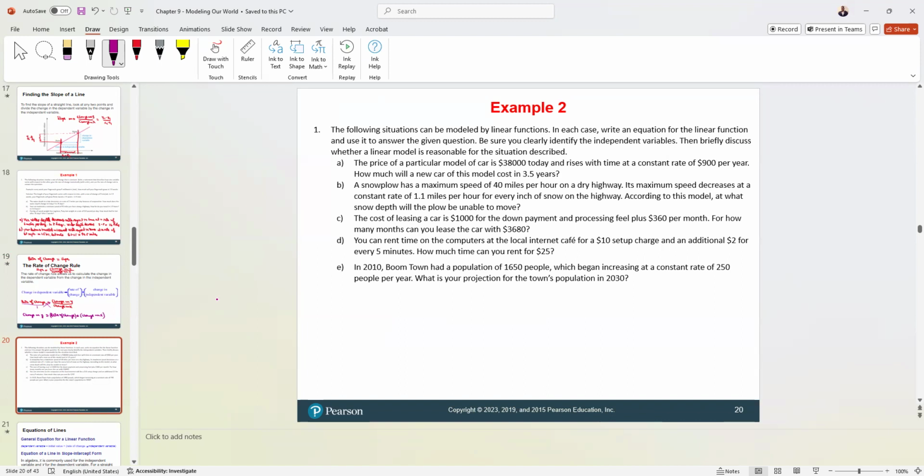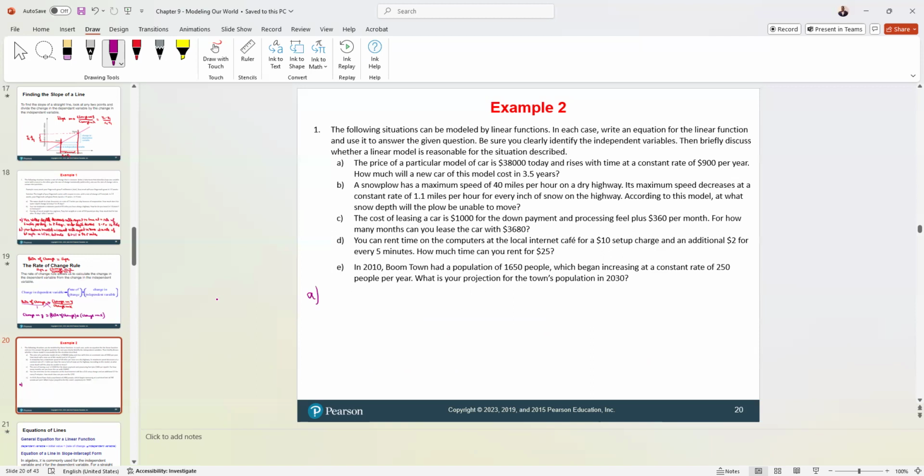Be sure to clearly identify the independent variable and briefly discuss whether a linear model is reasonable for the situation. Usually I do one or two and let you enjoy the other ones, so you can practice. If you get stuck, reach out to me. I'll be happy to schedule an appointment so we can go over what you don't understand.